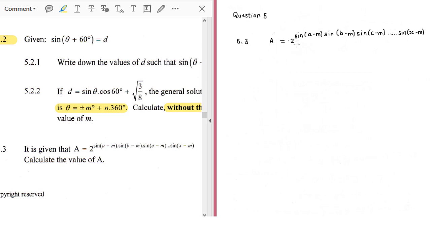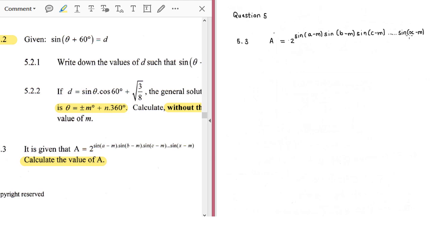Now in order for you to answer the question, which is to calculate the value of a, you obviously need to evaluate that exponent. If you look at this, you might be tempted to start thinking about your series, but notice that we don't have plus or minus signs here, so this is not a series. This is a lot of products, because we're taking the sine of an angle a minus m times the sine of an angle b minus m times the sine of an angle c minus m all the way up to the sine of x minus m.